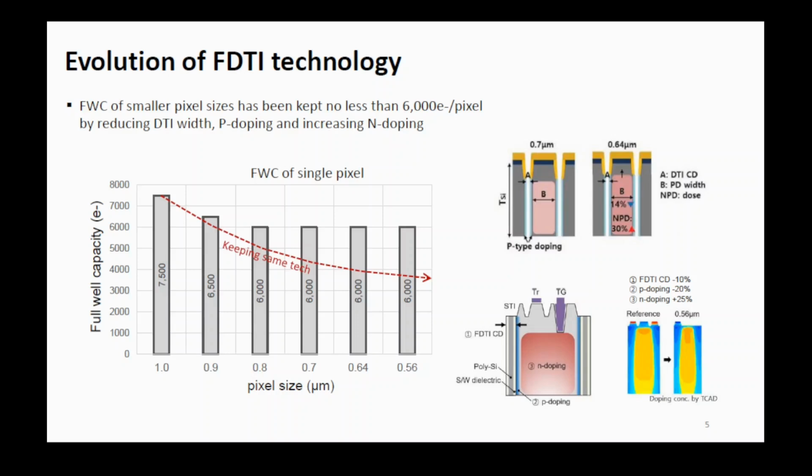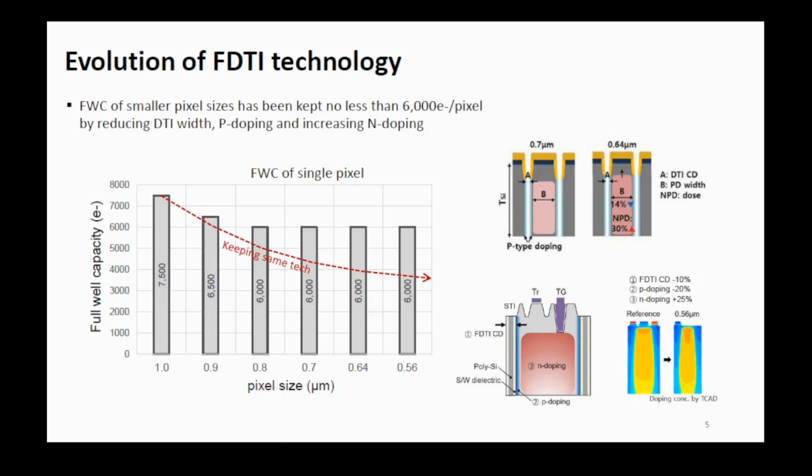But we tried to keep the same full well capacity per pixel as the pixel shrinks from 0.8, 0.7, and down to 0.56. We can see that all of the smaller pixel generations keep the same level of full well capacity per pixel. How was it possible?